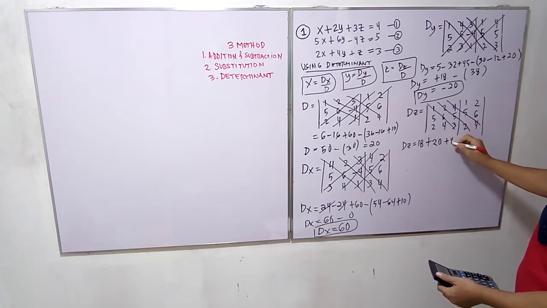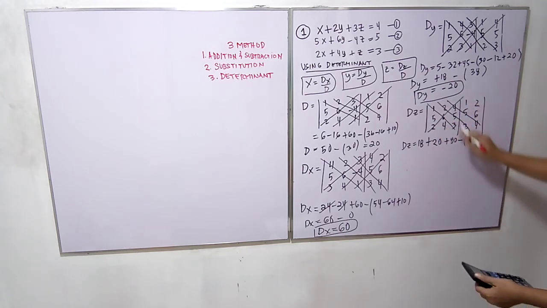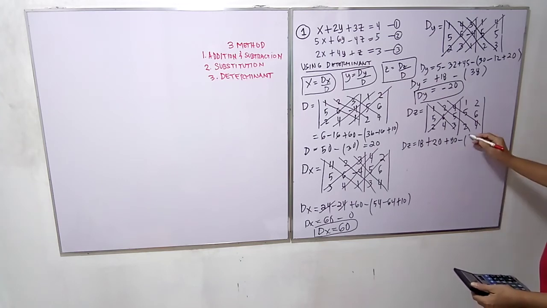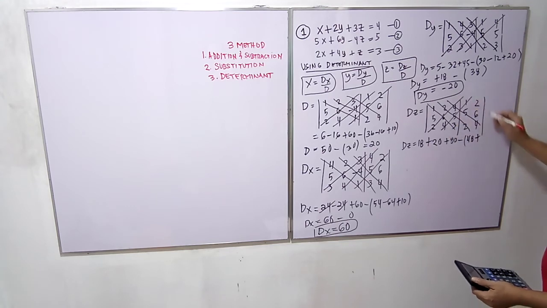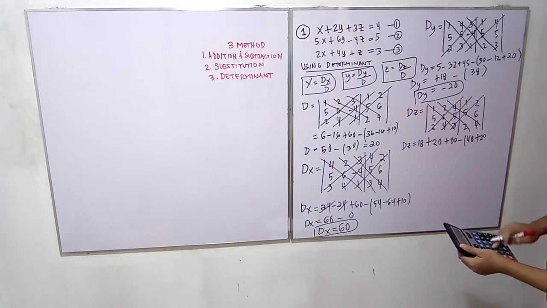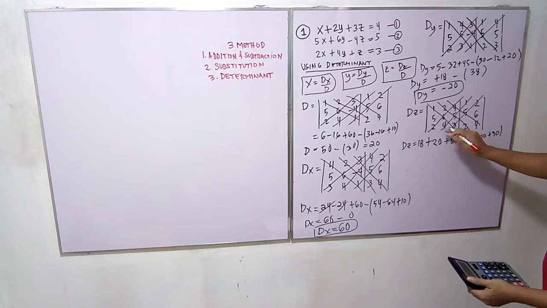Plus 80. Minus. Una ito. 6 times 4 times 2, 48. So, plus na naman to. 20. Tapos ito, 30. Puro plus, no?